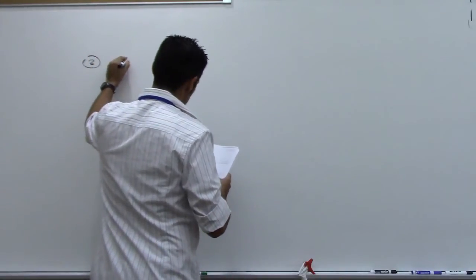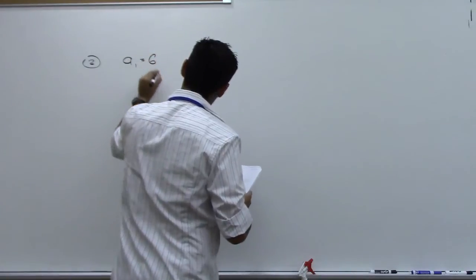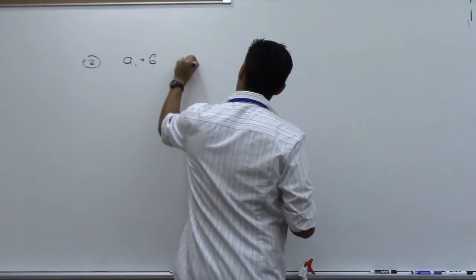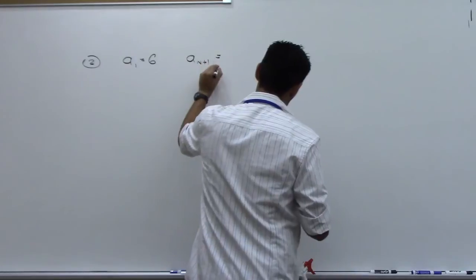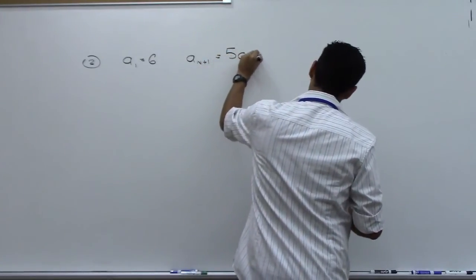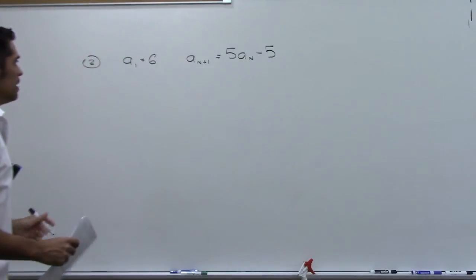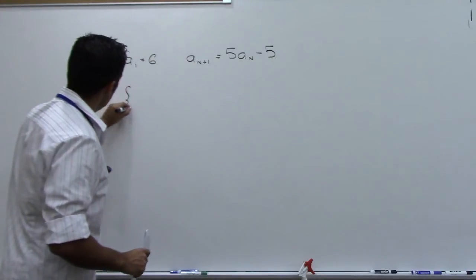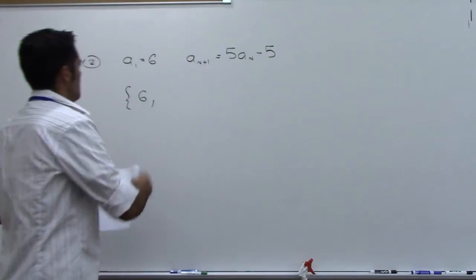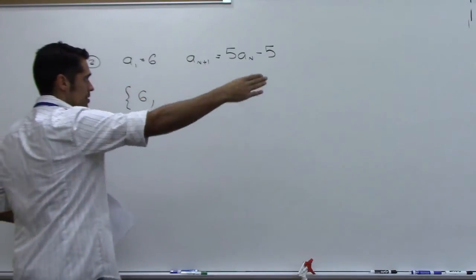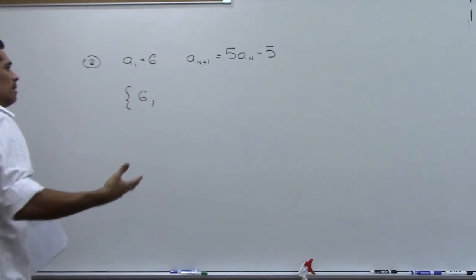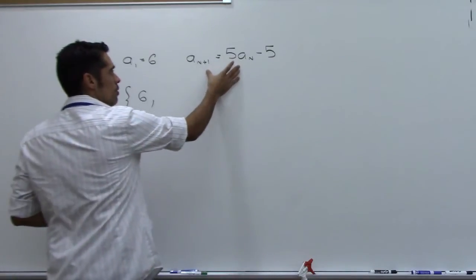For 2, they define a sub 1 to be 6. They define a sub n plus 1 to be 5a sub n minus 5. So this is what we call a recursive formula. They give you the first number in the ordered list, 6, and then every other number in this list can come from this formula.